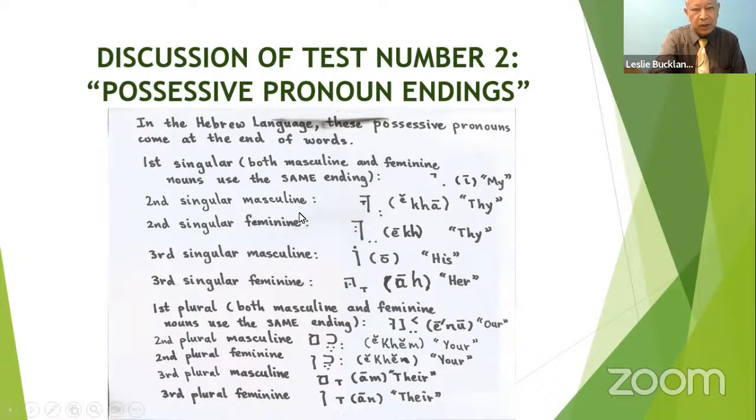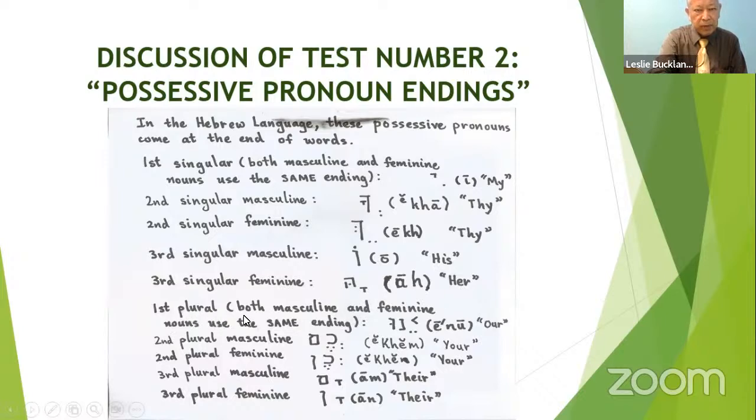Second singular masculine is eka, which is thy. Second singular feminine is ek, which is thy. Third singular masculine is o, which is his. Third person singular feminine is a, which is her.